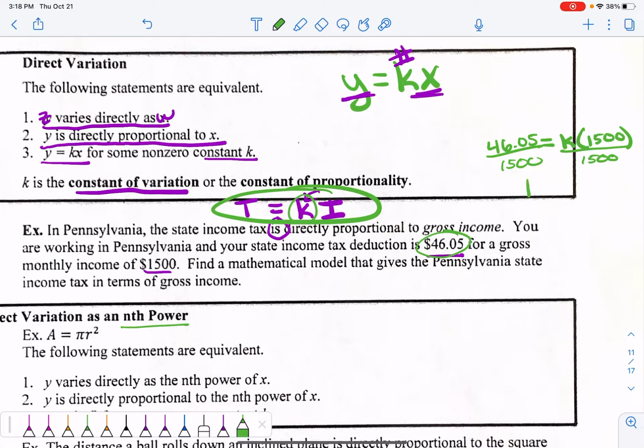So k, in this case, equals 0.03, so it's like a 3% tax. And our mathematical model for that is going to be the amount of taxes you pay is 0.03 times your income. And that's our mathematical model that we need, okay?